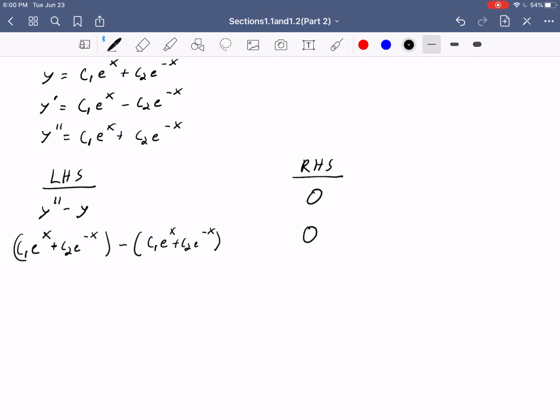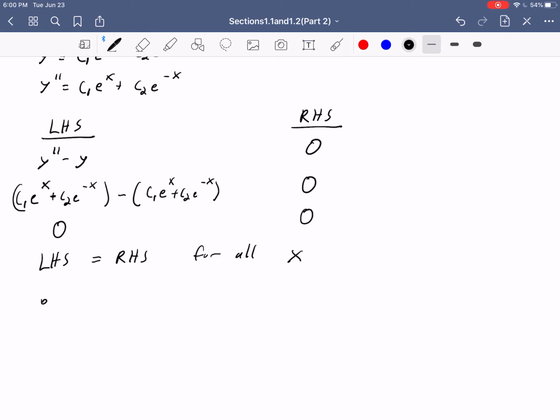It's just 0. Well, here we can distribute that negative sign, and we can see that those are going to cancel, those are going to cancel, and indeed, we get 0 and 0. So the left-hand side always equals the right-hand side for all x. So we just figured out y equals c1 e to the x plus c2 e to the negative x is a solution to y double prime minus y equals 0.